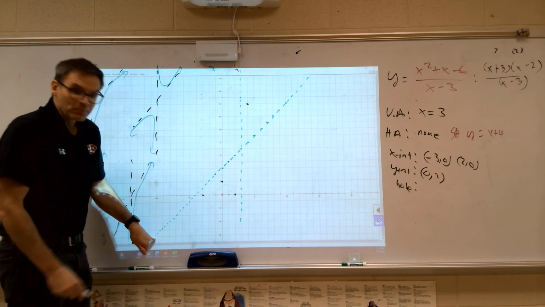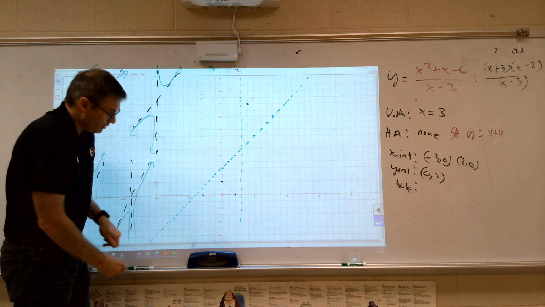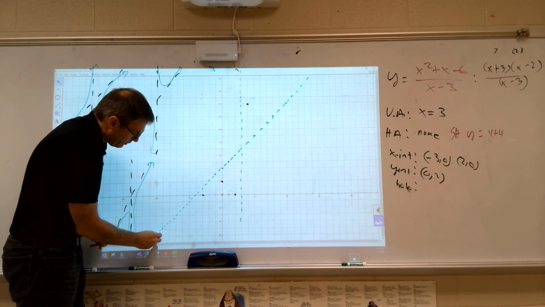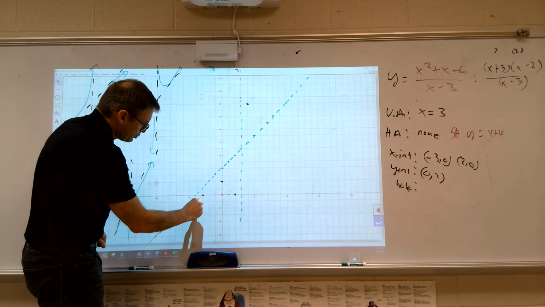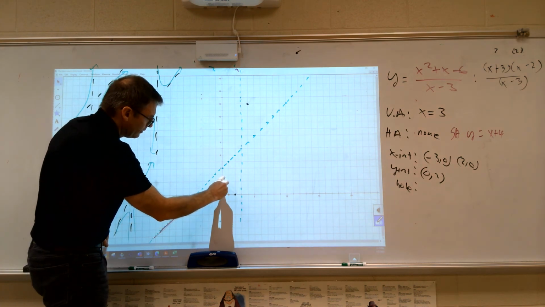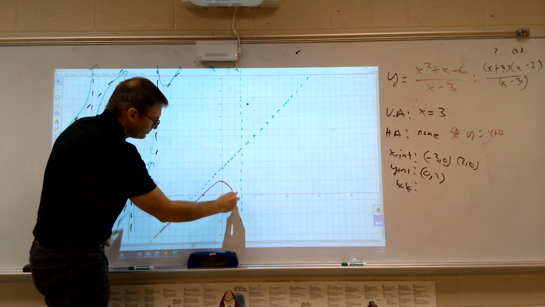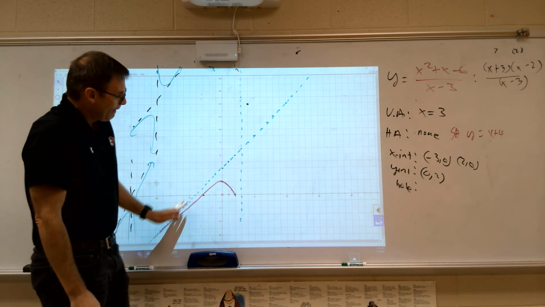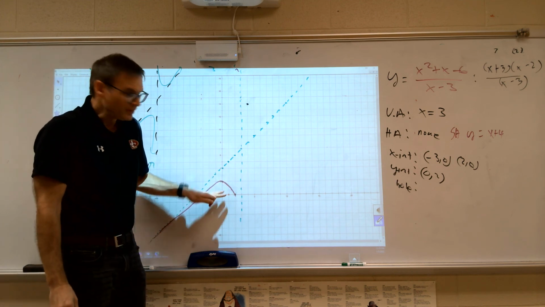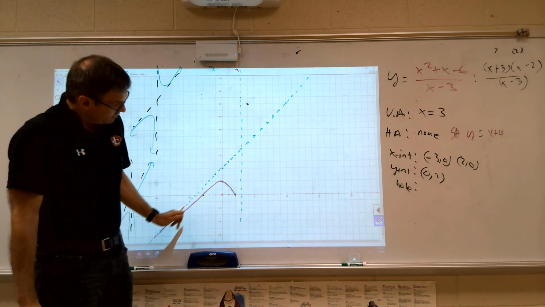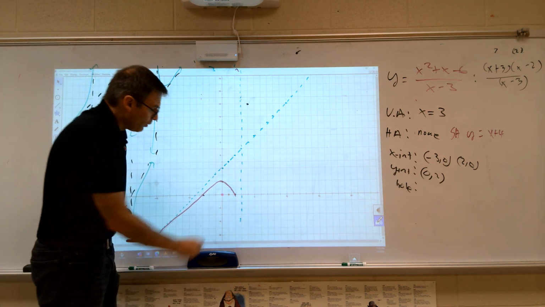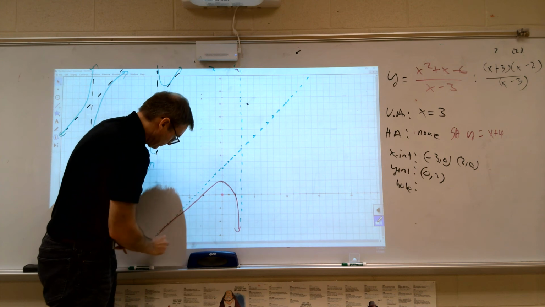And so I start drawing to these dots that I've plotted, and now I'm here. Well, if you've got a vertical asymptote, you either go up the wall or down the wall. I think it's pretty obvious we're going down the wall, so I'm going to go back down the wall.